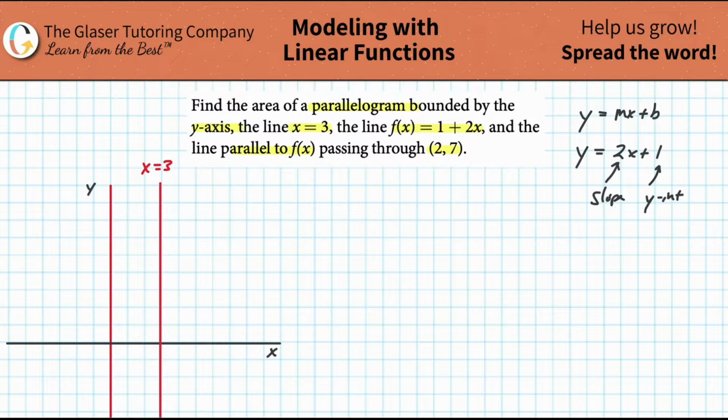So first start with that y-intercept value. What that means is this equation of a line will intersect the y-axis at a value of 1. So here it is. There's the value of 1 on the y-axis. Now, the slope. They told us that it's 2. Now remember, slope is always going to be change in y over the change in x.